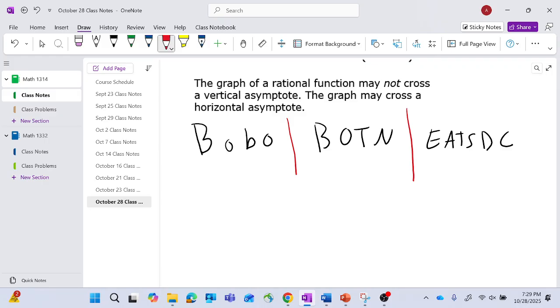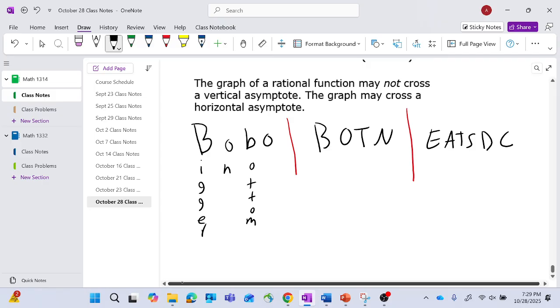It does stand for something, and we're talking about the degrees of the function. BOBO: bigger on bottom, your asymptote is 0.